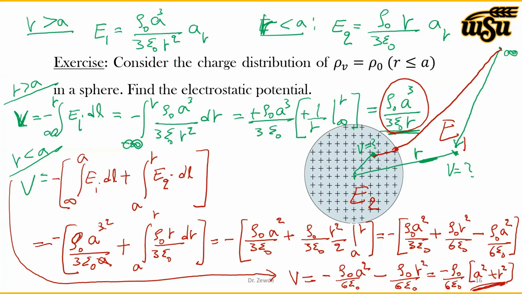So we were able to determine that. This is the expression for V when r is inside the sphere, and this is the expression when r is outside the sphere. So we were able to determine the electrostatic potential.